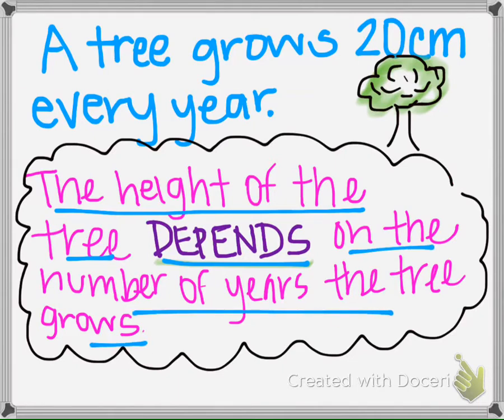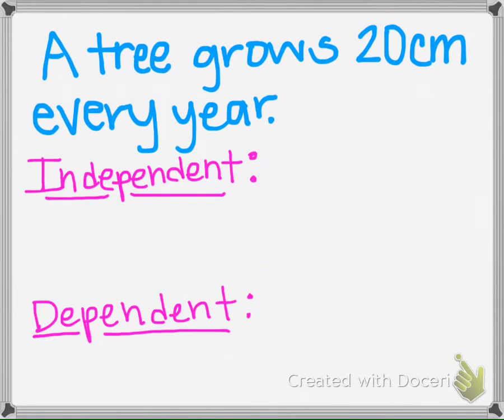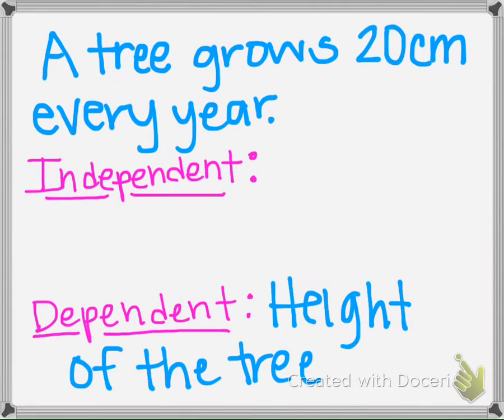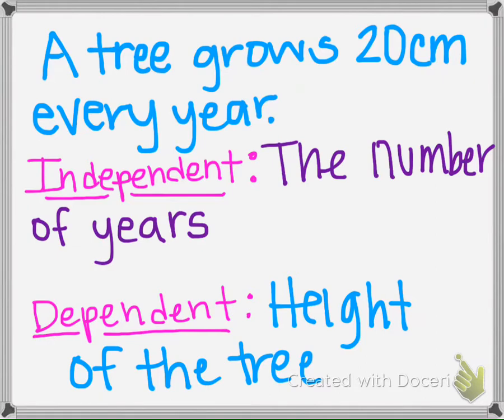So the longer the tree grows, we expect the height of the tree to be taller. So since we wrote our statement here, the height of the tree is depending. Our dependent variable is the height of the tree, and our independent variable is the number of years.